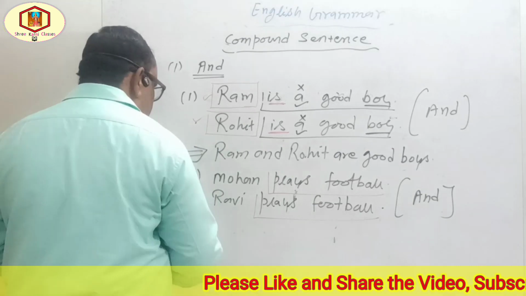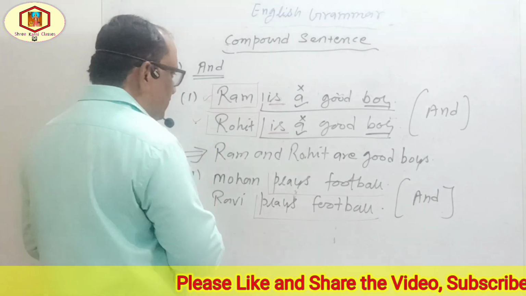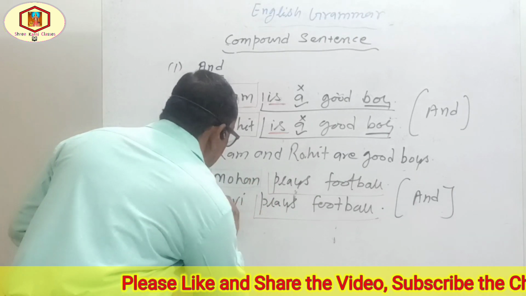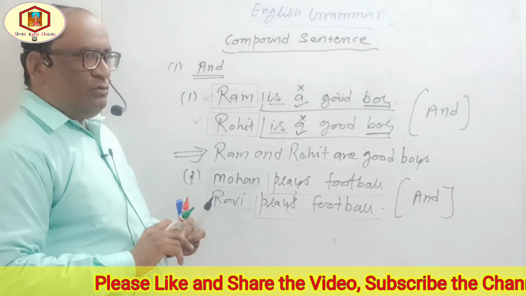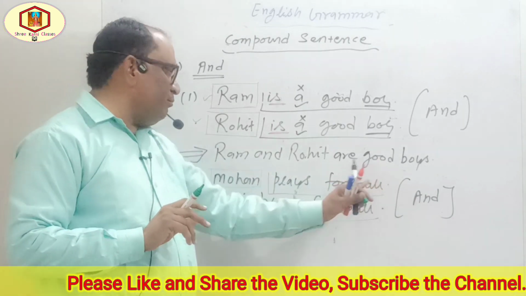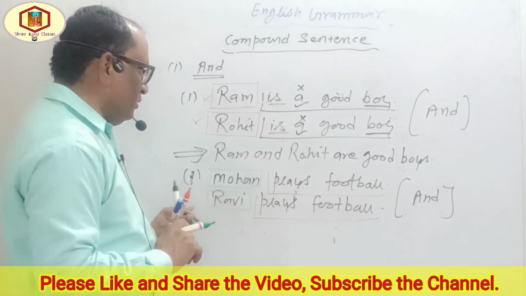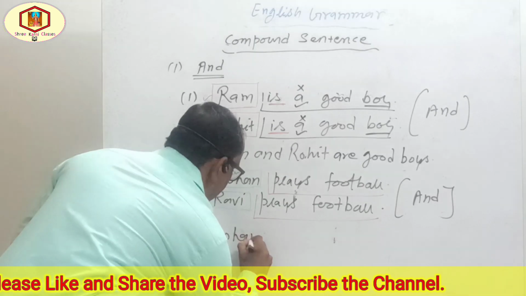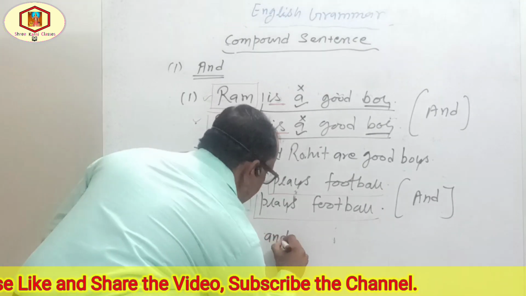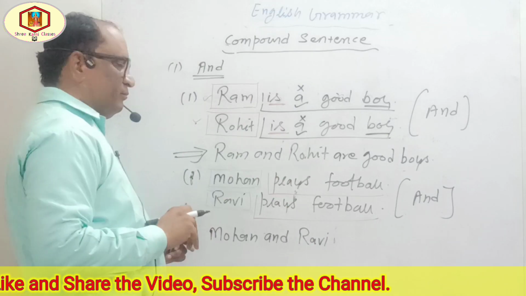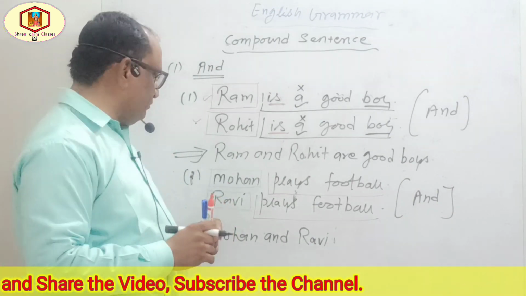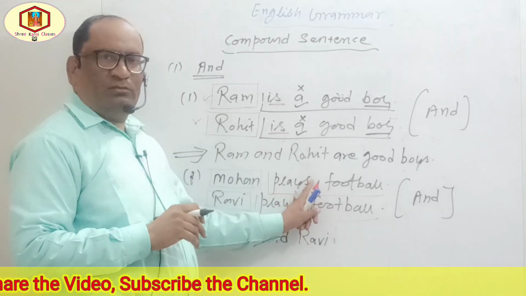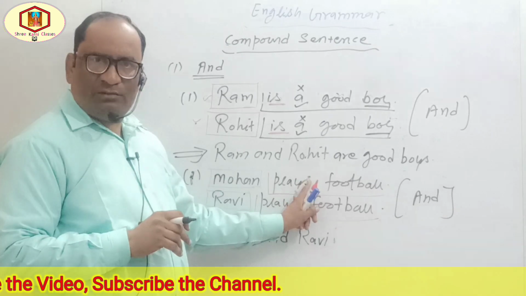Then the different parts of both sentences: we should use and between the different parts. Mohan and Ravi. After that, we should write the similar part of the sentence.